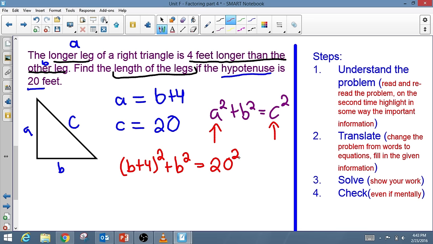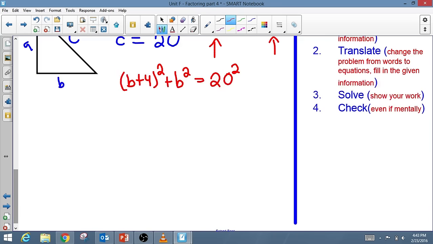This is a larger number, so you may use your calculator to square 20. When you square 20, you will get 400. Remember, when we are multiplying out a polynomial, when we have b plus 4 times b plus 4, we have to distribute.